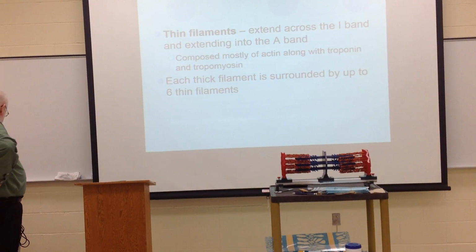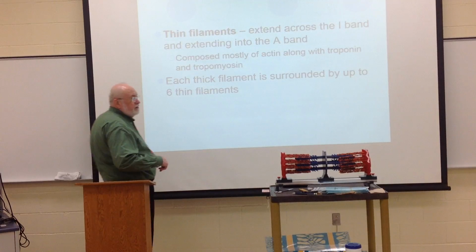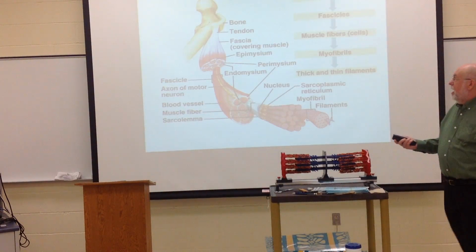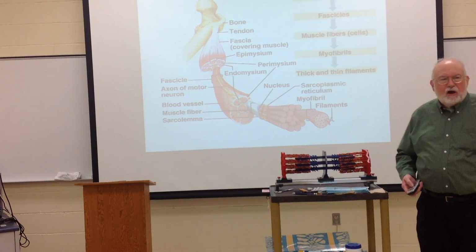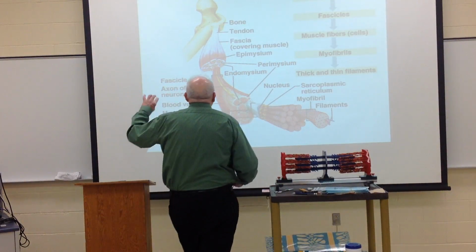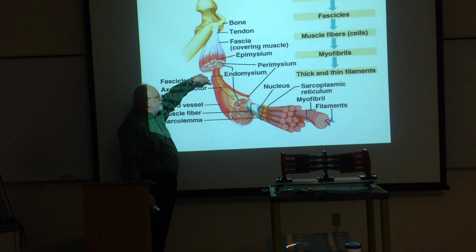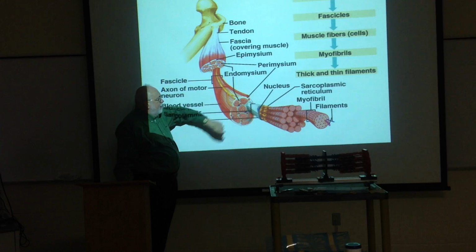And as we already noted, each thick filament has six of those thin filaments surrounding it. Now, here is a diagram that shows, if somebody could dim the lights in the back, this will show up better. Here's the muscle covered with its epimysium, and then here's a number of fascicles, and then we pull out a cell.